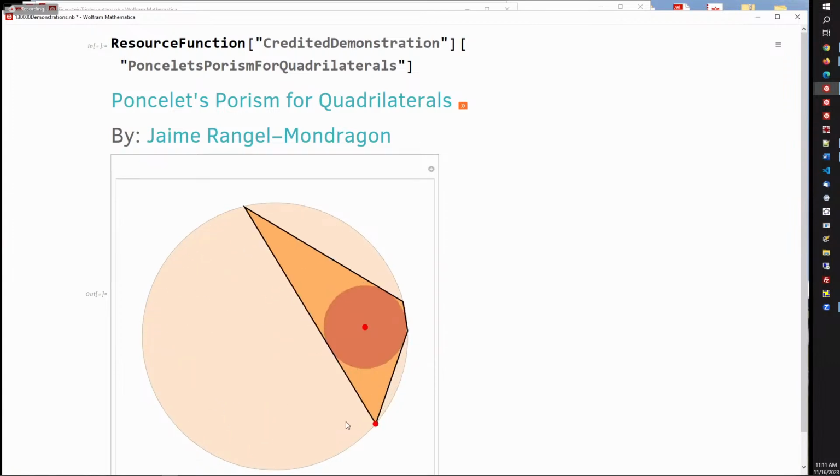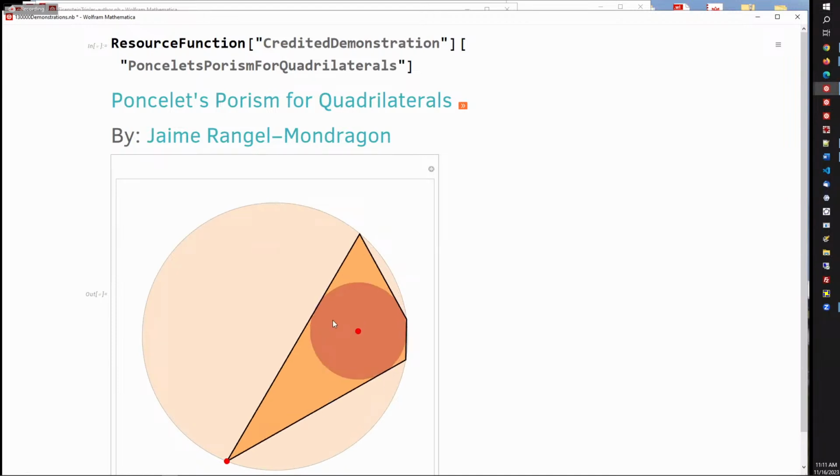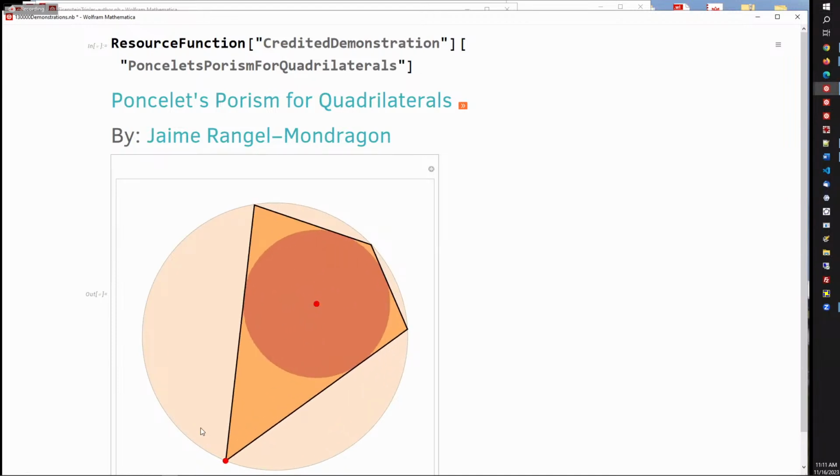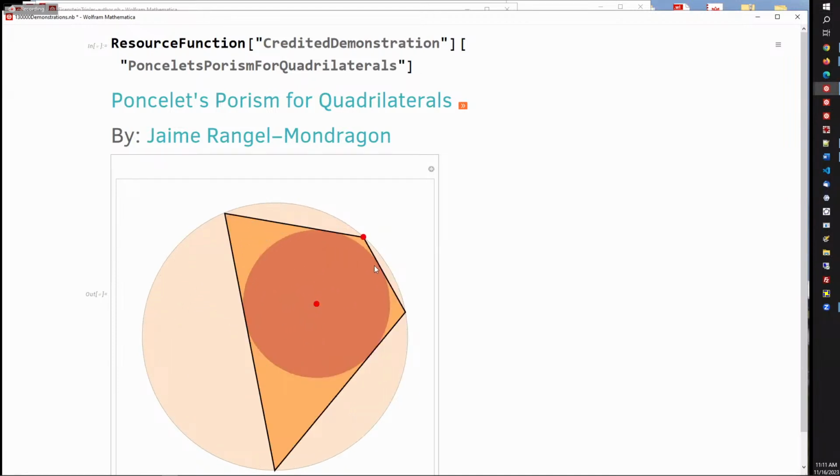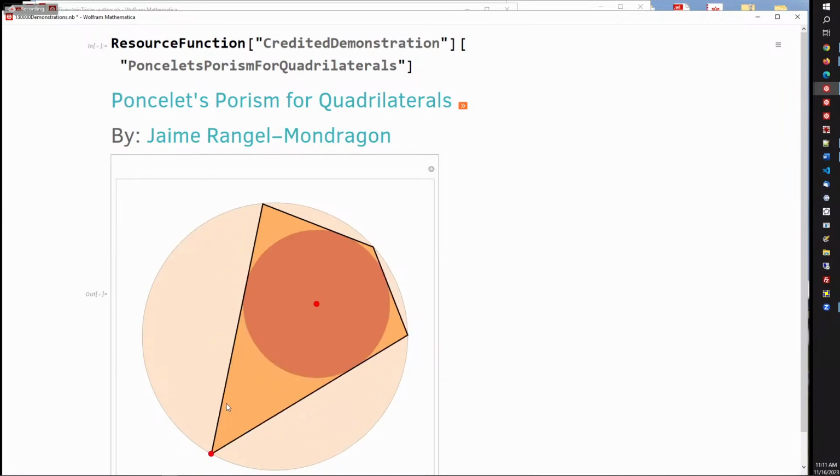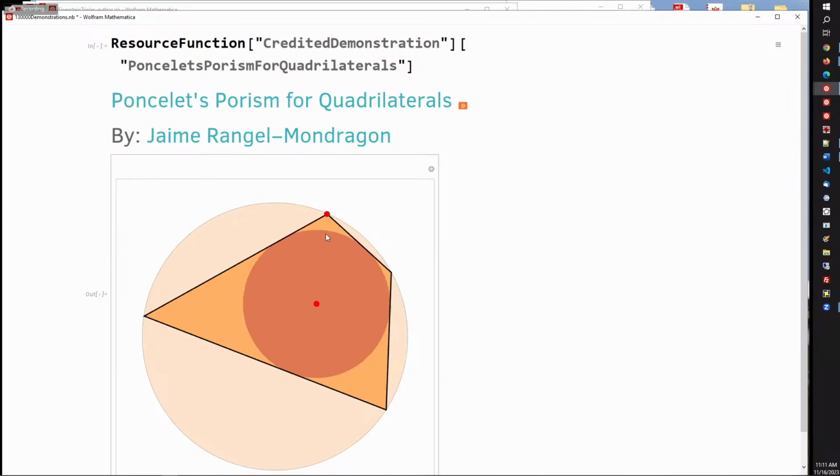And that's Poncelet's porism. Once one quadrilateral closes up like this, it will always close up no matter where you start on the circle.